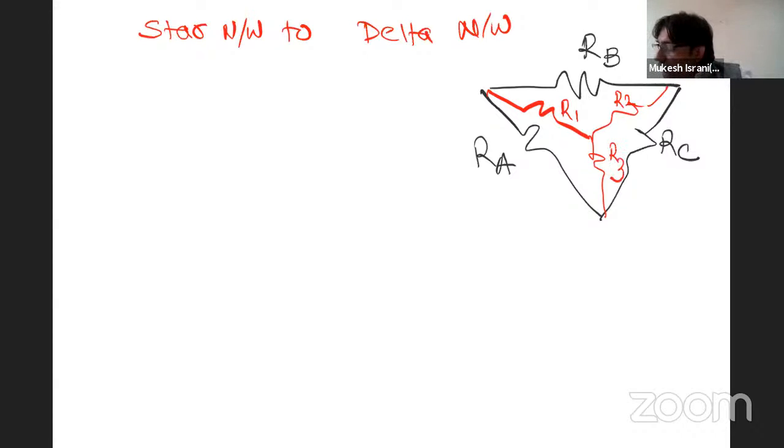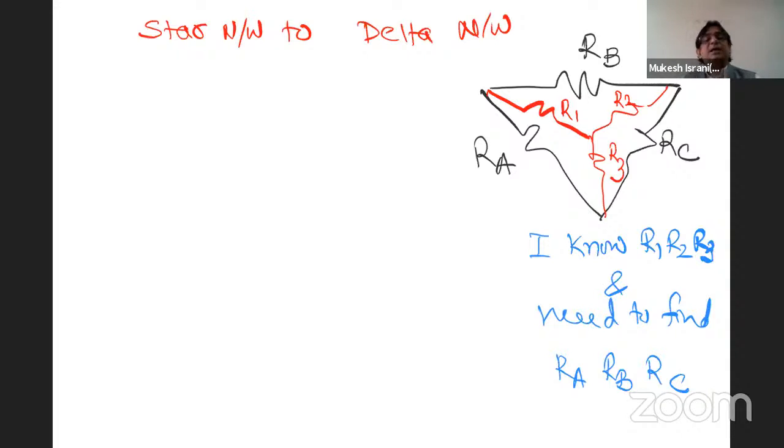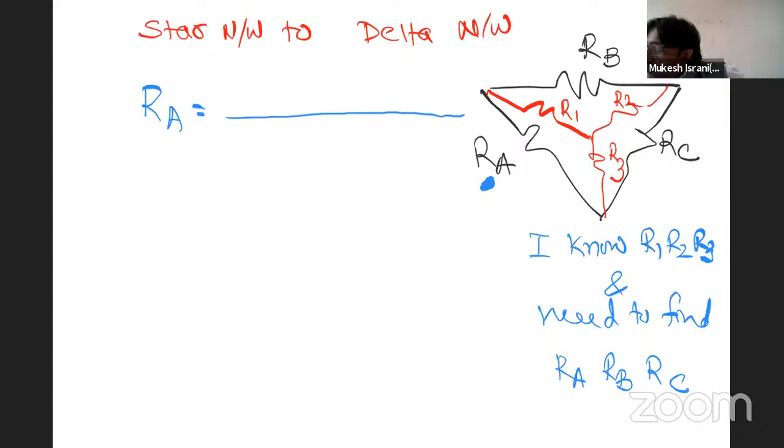So now I know R1, R2, R3, and I need to get RA, RB, RC. In this case, I am converting a star network to a delta network. Let's say I want to find RA. Now, just check: RA, what is the resistance opposite to it? Can I say R2?